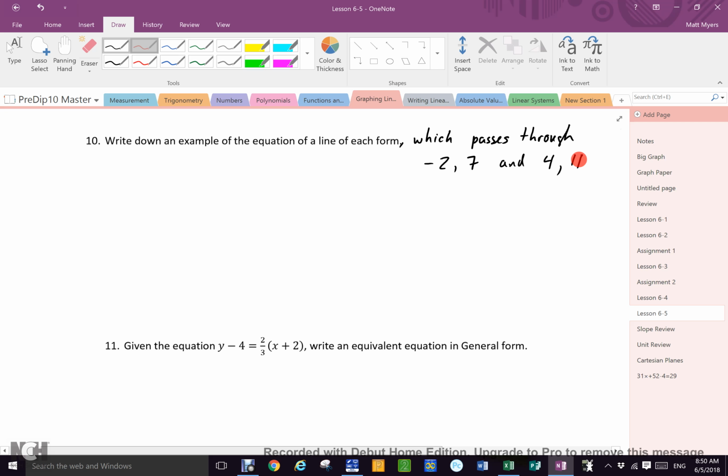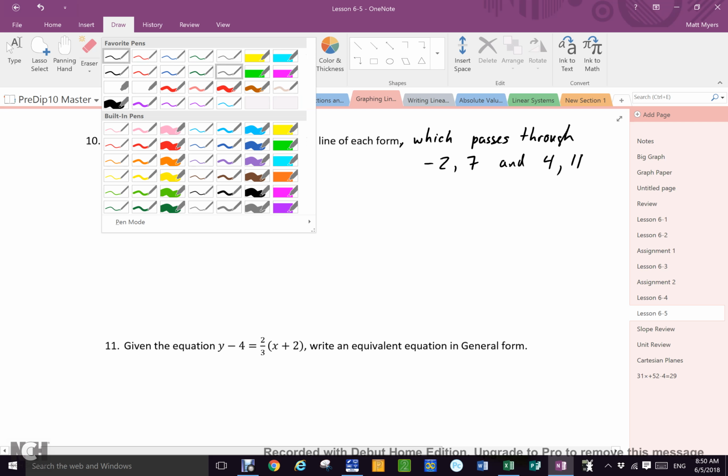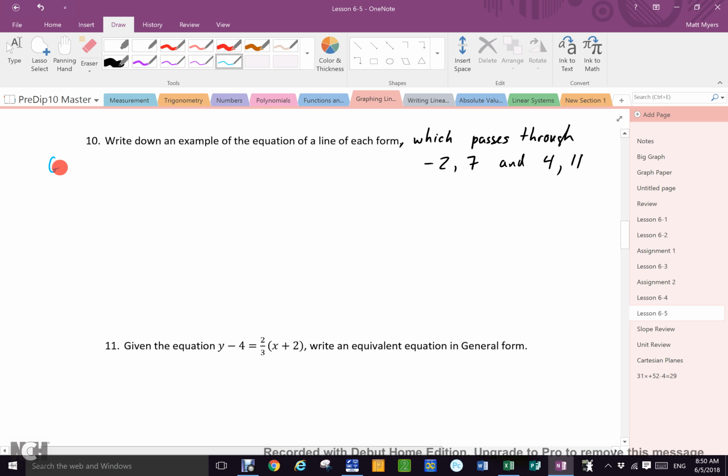Now, write down each form. What are the forms? What are the 4 forms we know? General, standard, slope-intercept and slope-point.